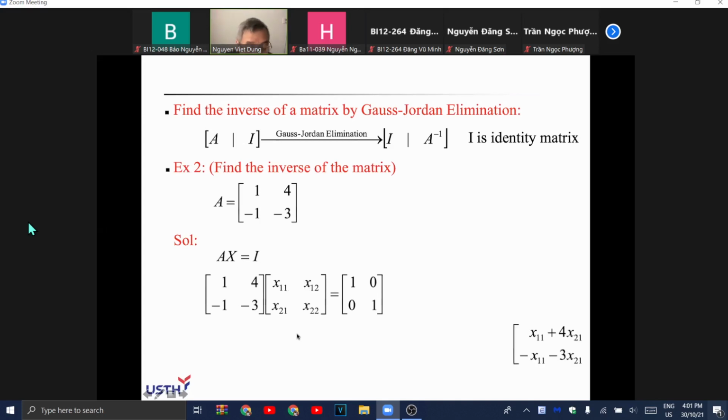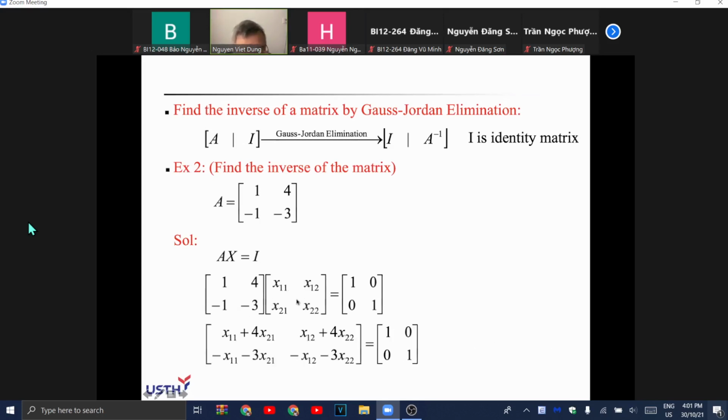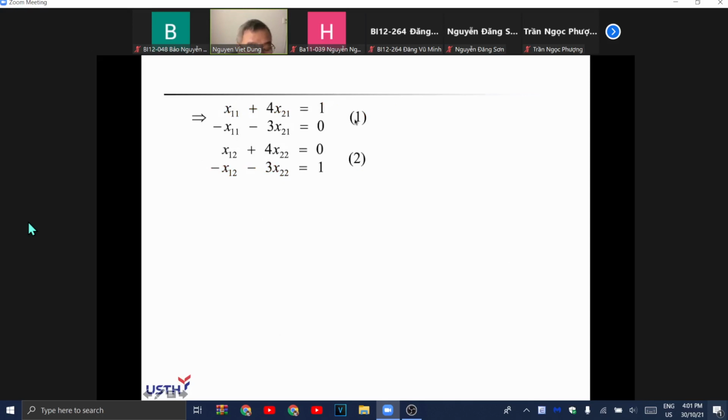Now, if we multiply them together on the left-hand side, we get that one. And from that, you get two systems of linear equations. The first one is here. The second one is here.